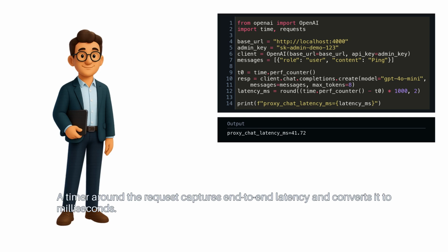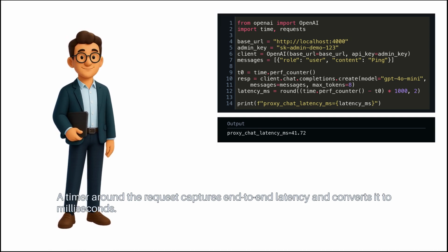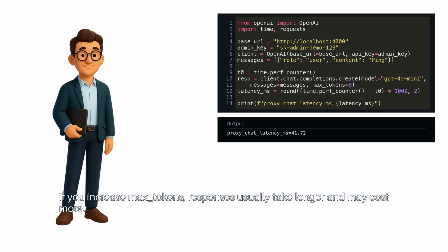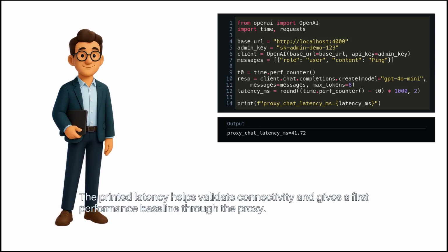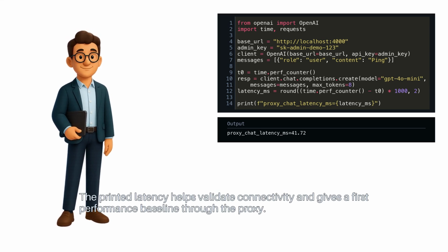A timer around the request captures end-to-end latency and converts it to milliseconds. If you increase max tokens, responses usually take longer and may cost more. The printed latency helps validate connectivity and gives a first performance baseline through the proxy.